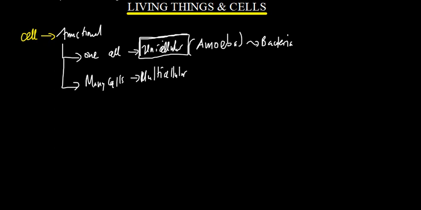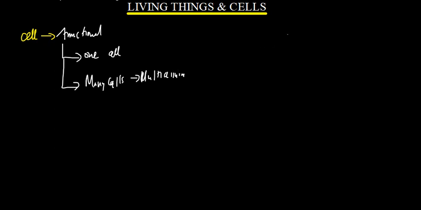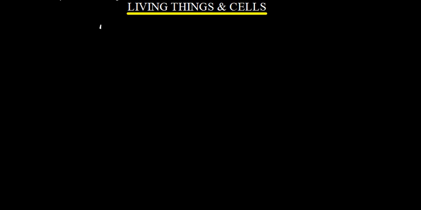On the other hand, a human being has many cells which work together. So a human being is a multicellular organism. So take note of the example of a unicellular organism and some multicellular organisms.